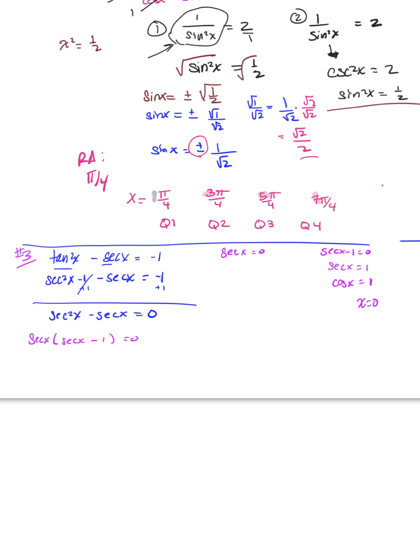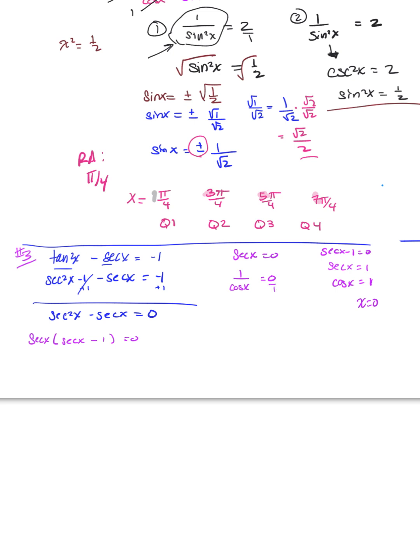So on the other side, we set secant x equals 0. I'm going to go through it step by step so that you see where I'm getting this actual answer. So secant x equals 0. This would be 1 over cosine x equals 0. And then what I want to do is flip it again.